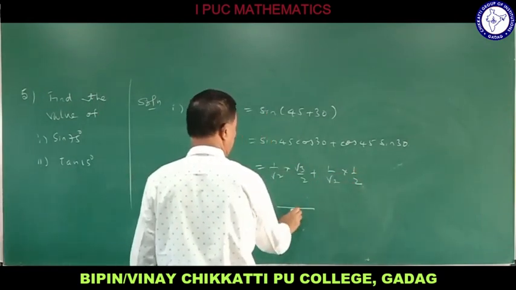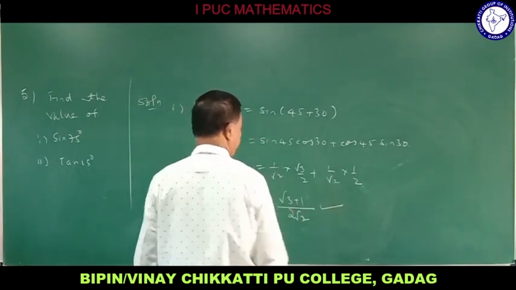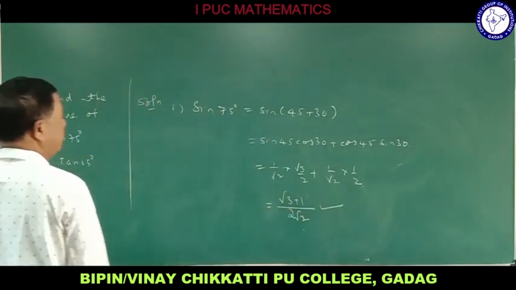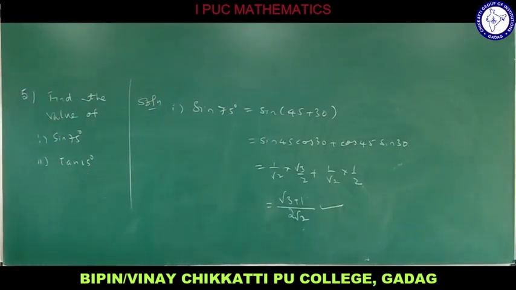What is the LCM here? 2 root 2. So here it comes to root 3 plus 1. So sine 75 is root 3 plus 1 divided by 2 root 2, that you can write, and accordingly you can see the results.